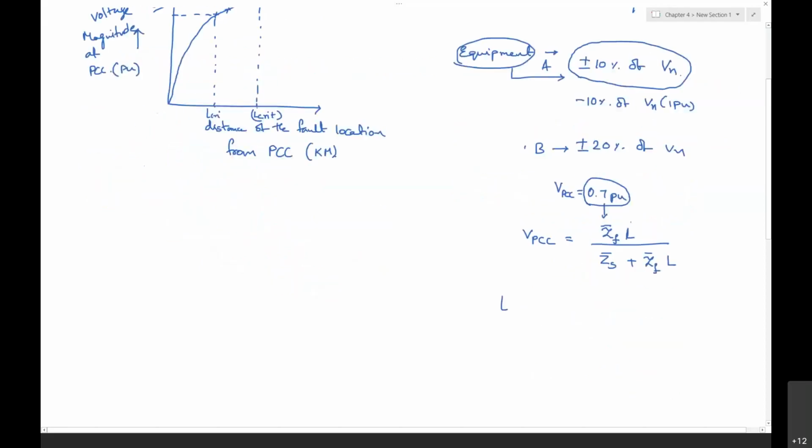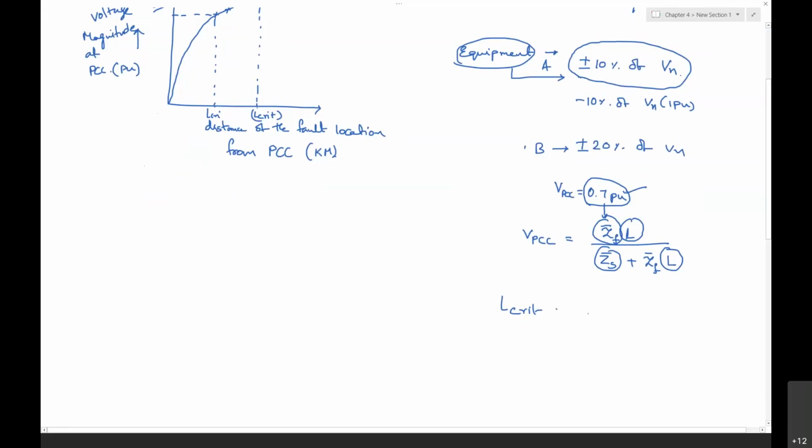We have only one unknown over here. Then we can find out what must be the critical value for a voltage at a PCC of 0.7. We know the fault impedance per unit kilometer and the source impedance. In that case we can find out the critical distance.